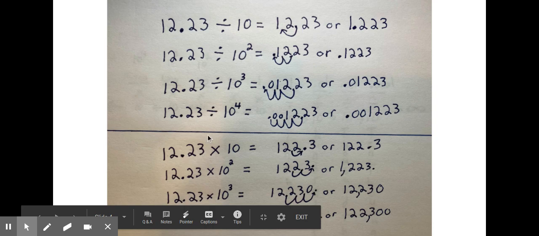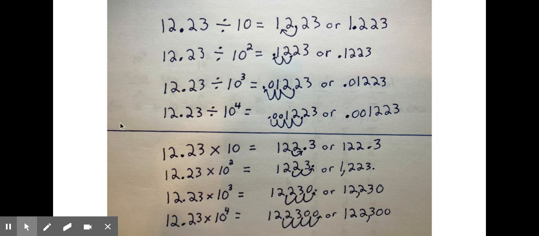The next one is 12 and 23 hundredths times 10 to the third power. Take a look at the 3. What does that tell you? You should know by now. Yes, you got it right. It means the decimal place is moving 3 places to the right.